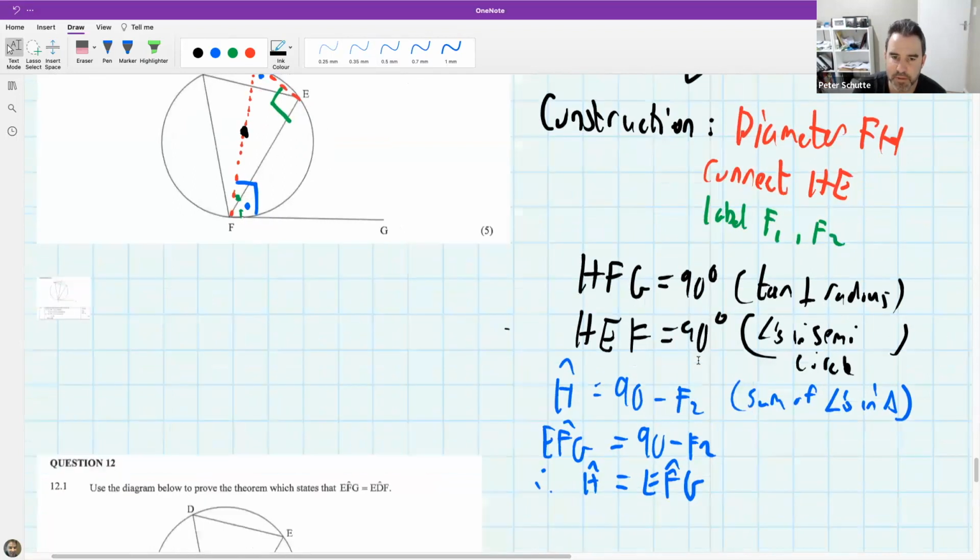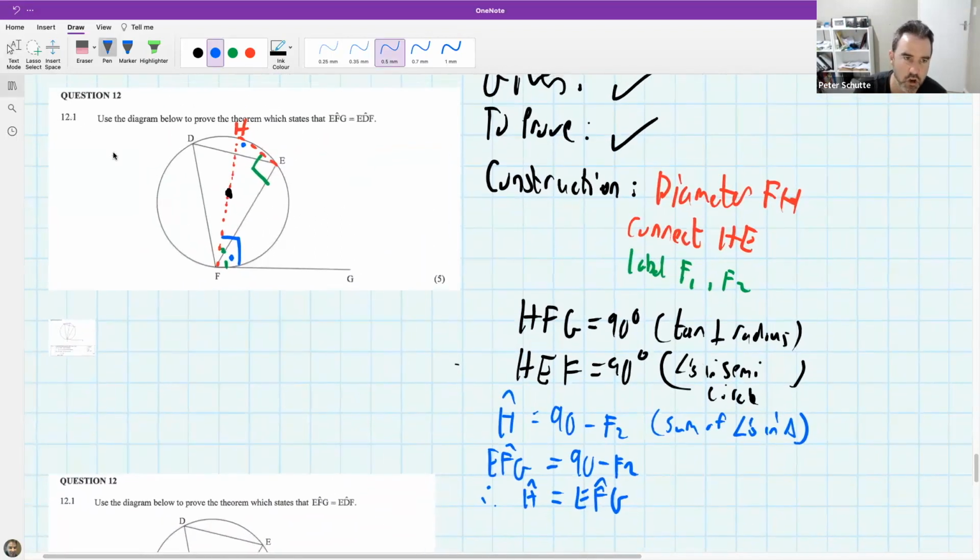What is my next step going to be? So I've shown that this one over here is equal to this one up here. What's the thing that connects everything together?